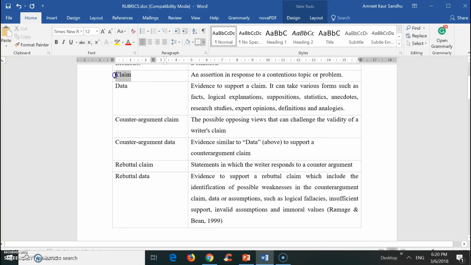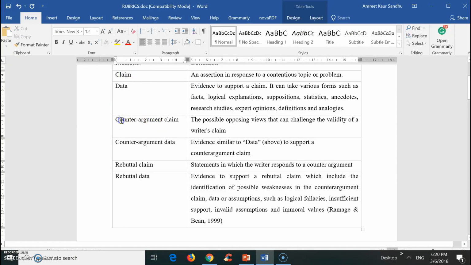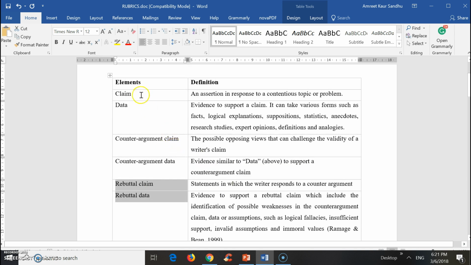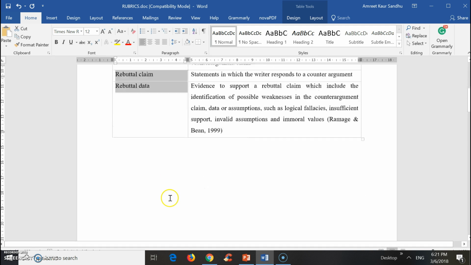The important elements include claim, data, counter argument claim, counter argument data, and rebuttal. Data means supporting the claim, and rebuttal data supports the rebuttal itself or the claim. You should have all these 6 elements, and state them in your argumentative essay.